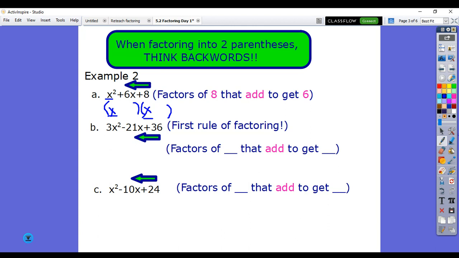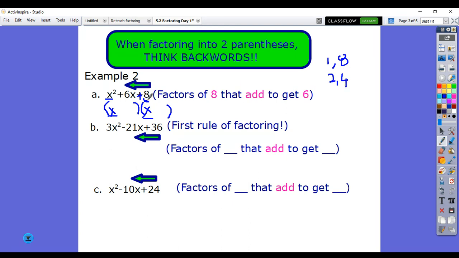Now, this I always say, think backwards. We need factors of 8 that add to get 6. So if we list the factors of 8, that's going to be 1 and 8 or 2 and 4. Between 1 and 8, 2 and 4, there's only one set that adds to get 6.